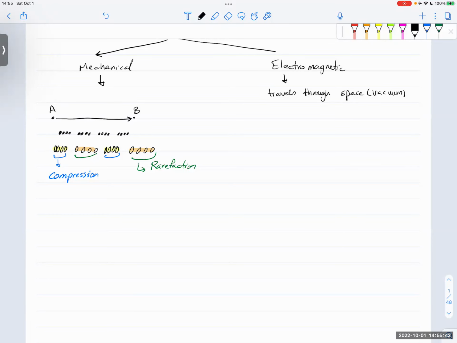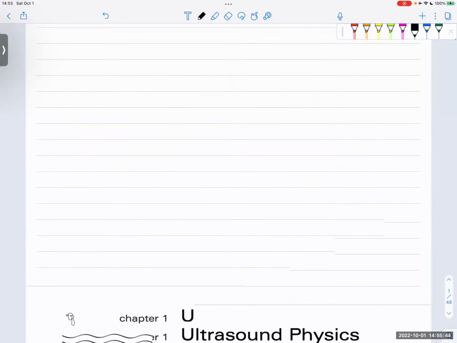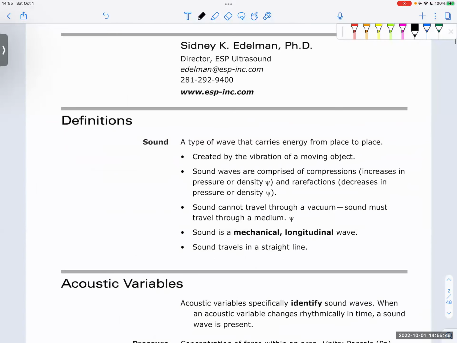Now, as we see in this chapter, we describe sound as a type of mechanical energy, which means it will move an object from point A to point B through vibration, and this vibration results in areas of compression and areas of rarefaction.